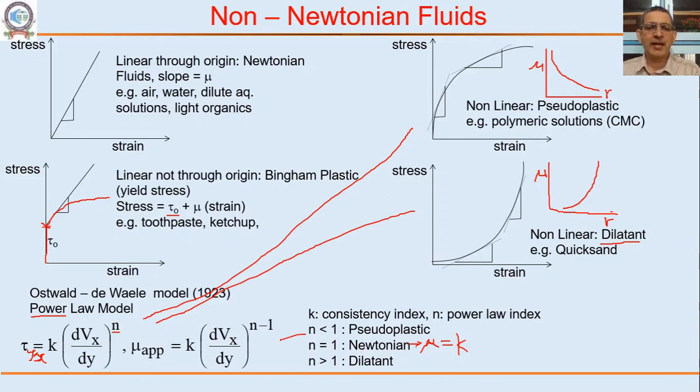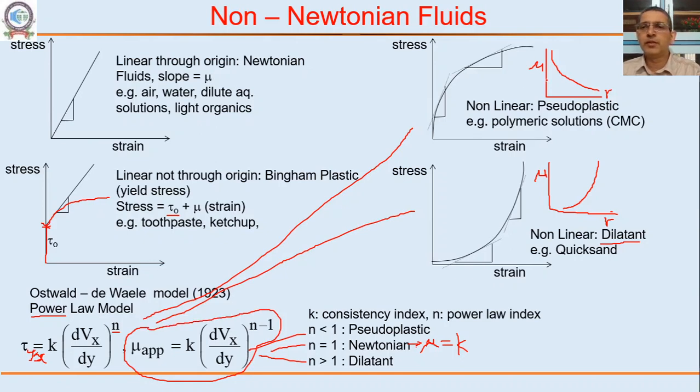And in either of these cases, you can separate this out as k dvx by dy raised to n minus 1, multiplied by dvx by dy. So k dvx by dy raised to n minus 1 we can define as an apparent viscosity.